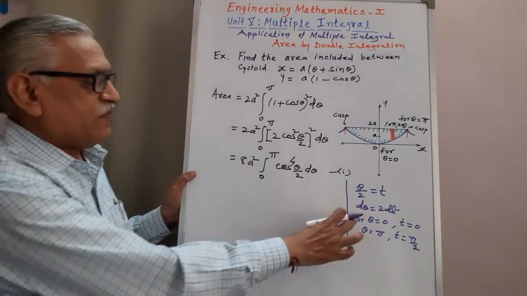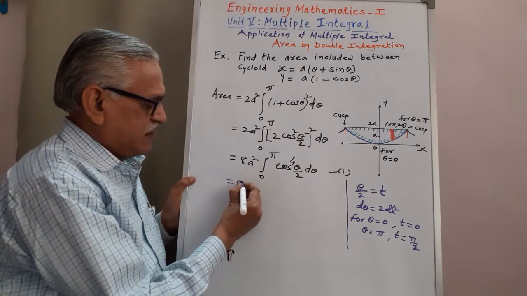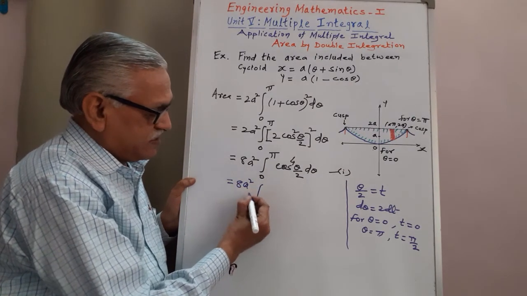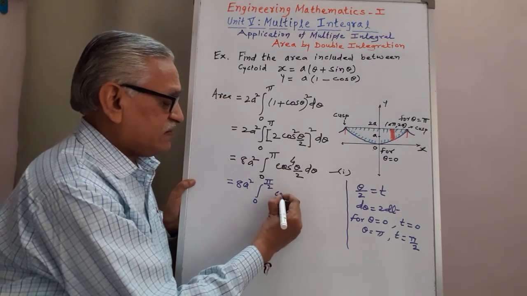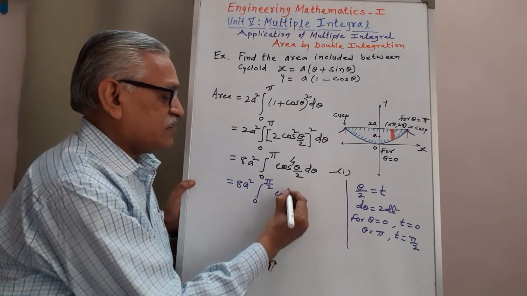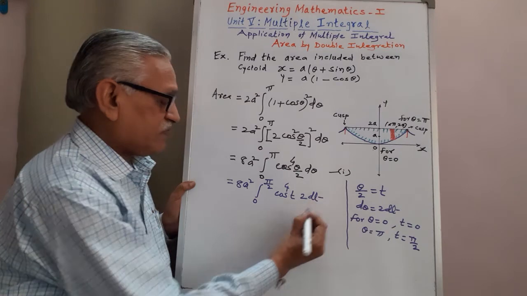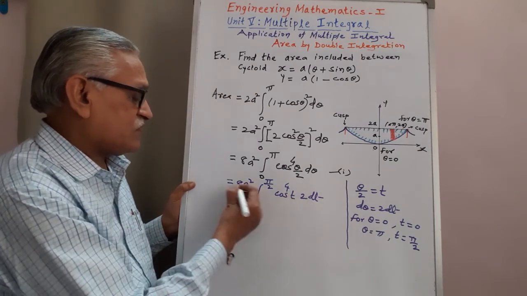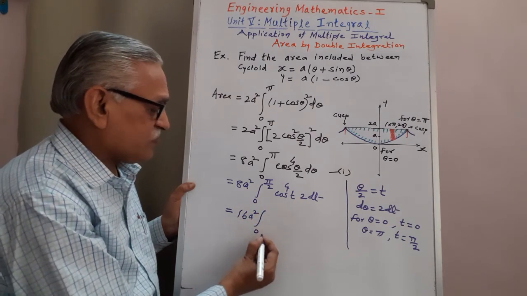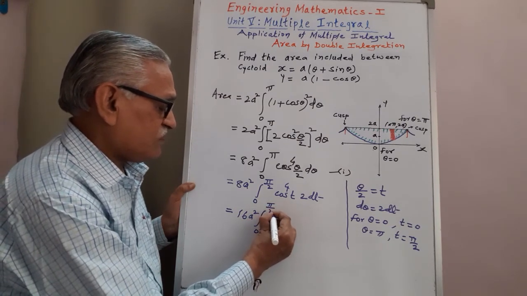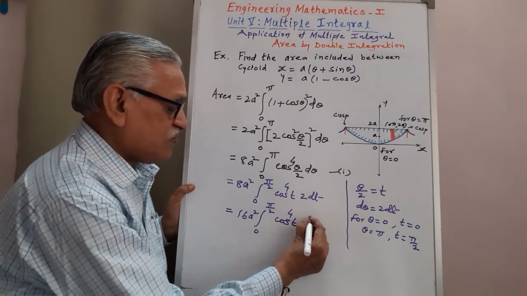Substituting that information in equation 1, it becomes 8a square integral from 0 to pi by 2 of cos t raised to 4, and d theta is 2 dt. Therefore, taking 2 outside, 16a square integral from 0 to pi by 2 of cos t raised to 4 dt.